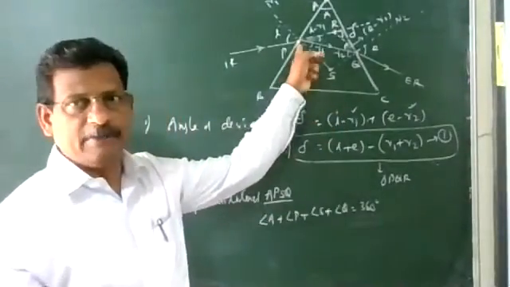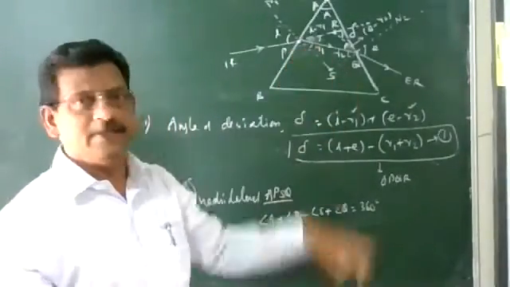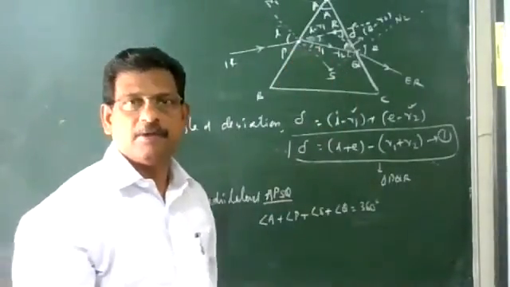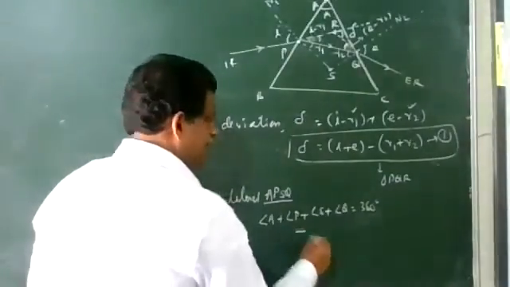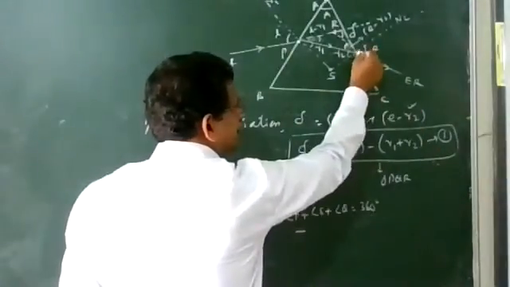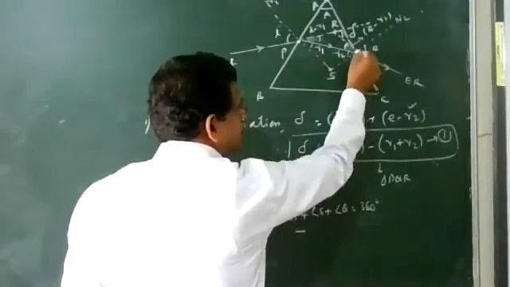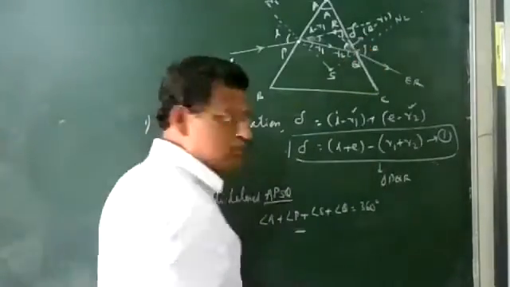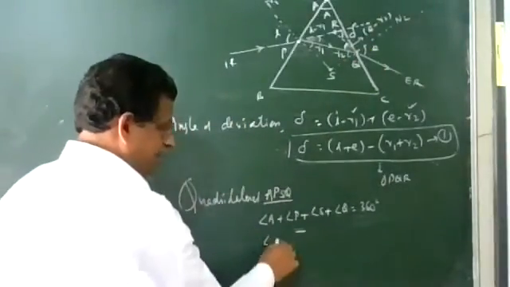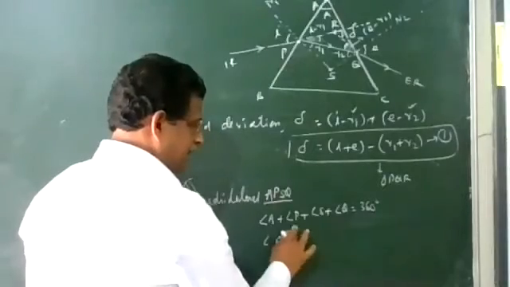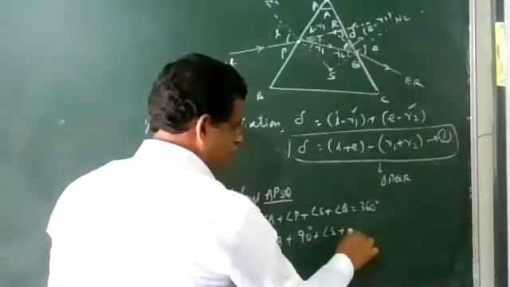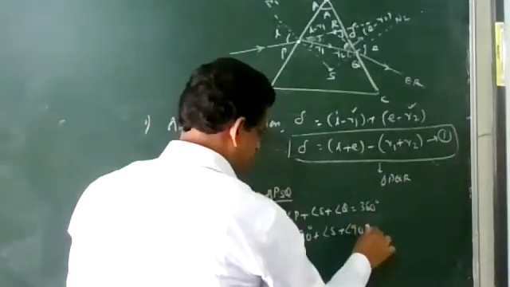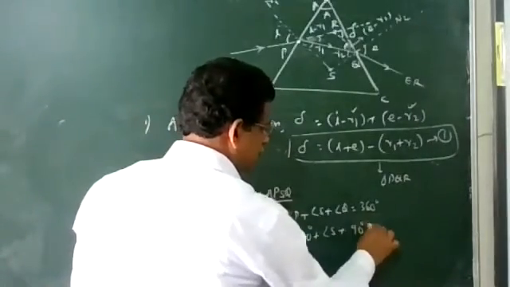What is the angle at P? The angle at P is made by the normal, so that is 90 degrees. Again, the angle at Q is made by the normal, and the full angle is also 90 degrees. So angle A plus angle P which is 90 degrees, angle S plus angle Q again 90 degrees, equals 360 degrees.